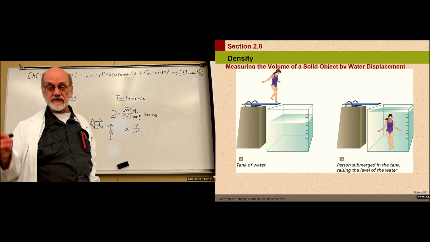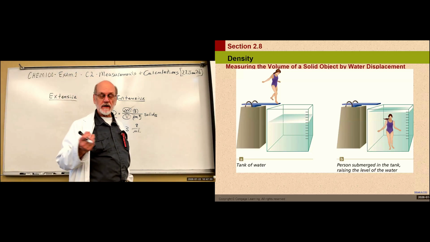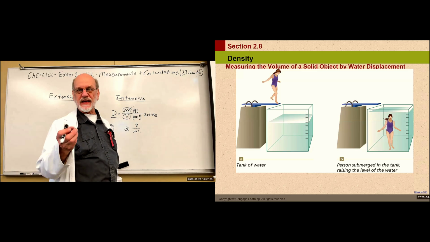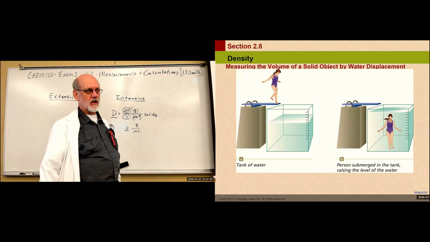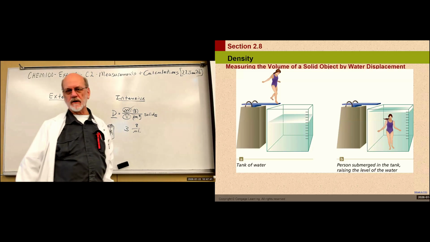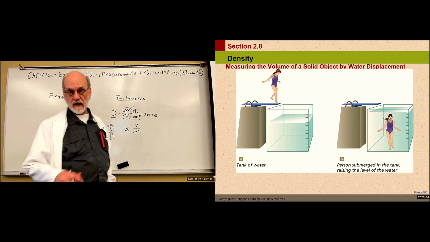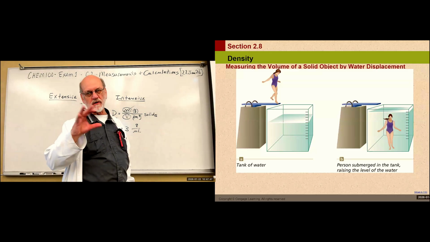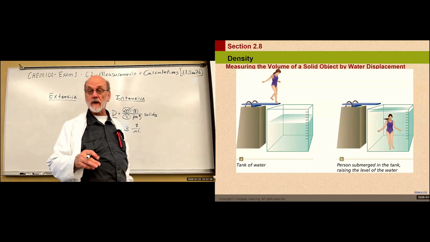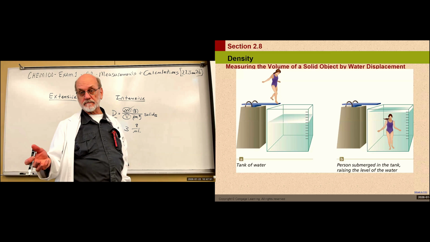In some of my classes, we use an irregular object, say a chunk of zinc, for instance. Or sometimes I use a rubber cork. It has a regular shape, but it's a trapezoidal shape, and it's a little difficult to deal with. So how do you measure the volume?